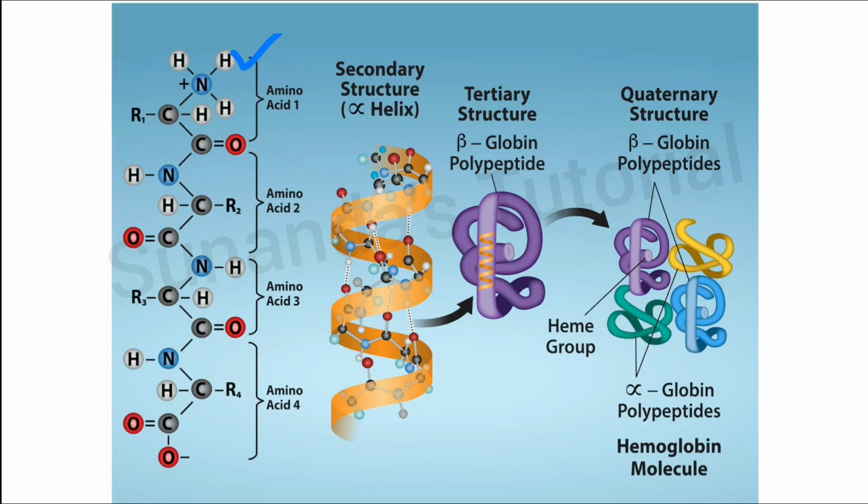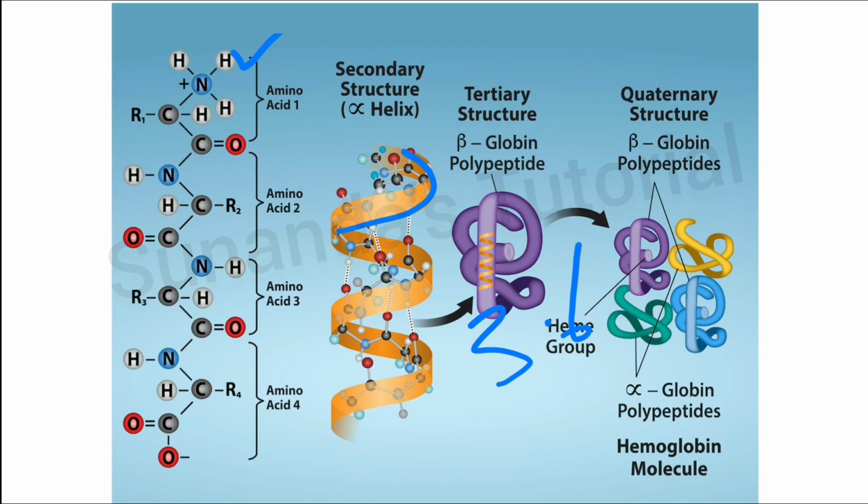One is alpha helix, which is a right-handed coil or fine spiral shape of protein stabilized by hydrogen bond between carbonyl oxygen and amide hydrogen. Each turn contains 3.6 amino acids. It provides flexibility and elasticity.